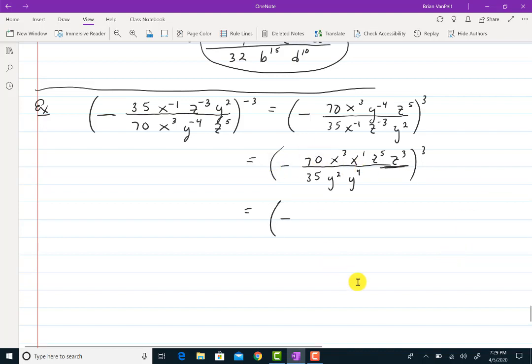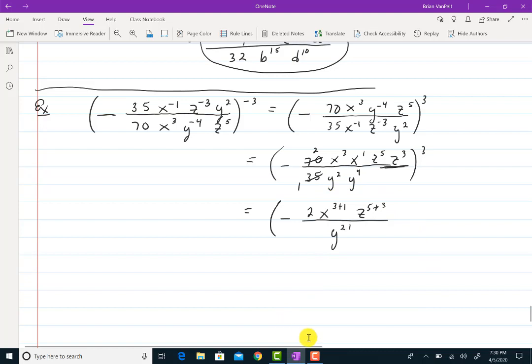35 goes into 70 twice. And I can make use of the rules where they have the same base. I can write this as x to the 4th power. Remember, you do x to the 3 plus 1. Same thing with the z's. You would do z to the 5 plus 3. And same thing with the y's.